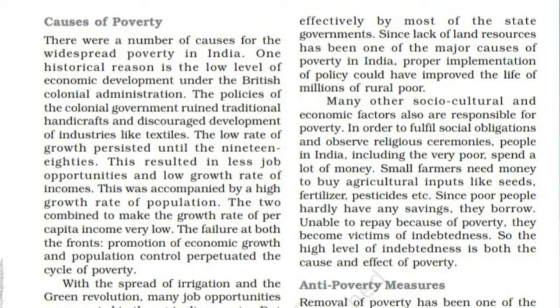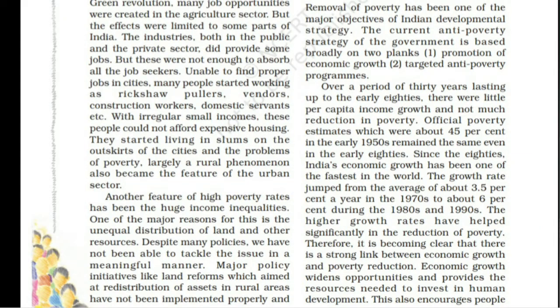Unemployment. The thing is that the spread of irrigation and the green revolution created many job opportunities in the agriculture sector. That you already know. We are discussing the second paragraph. But what happened? These opportunities were limited to some parts of India. The industries, both in the public and the private sector, provided only some jobs.